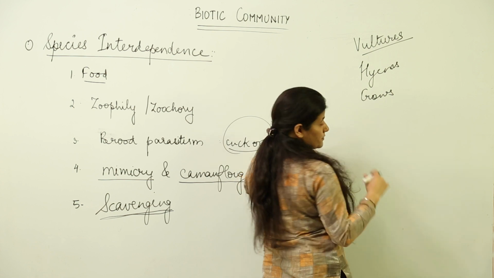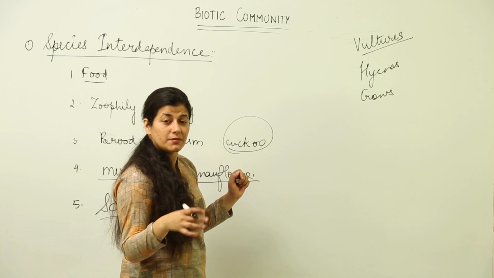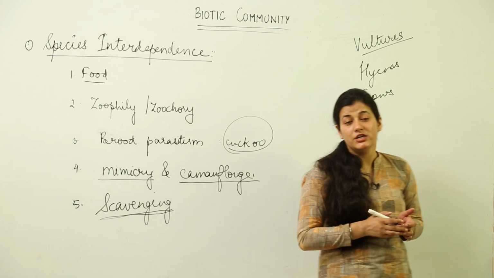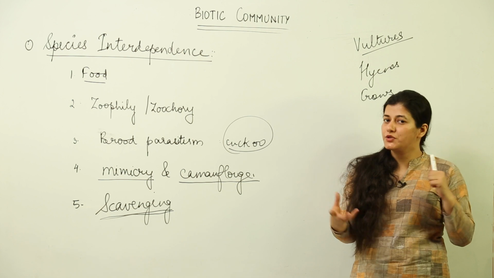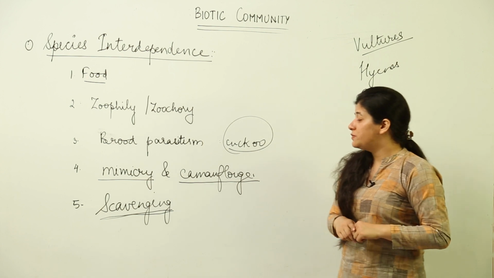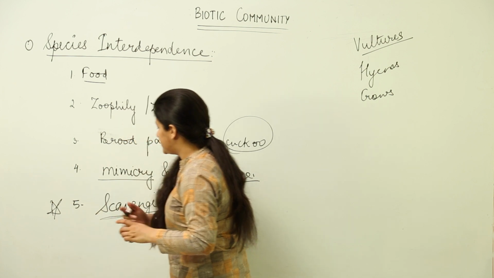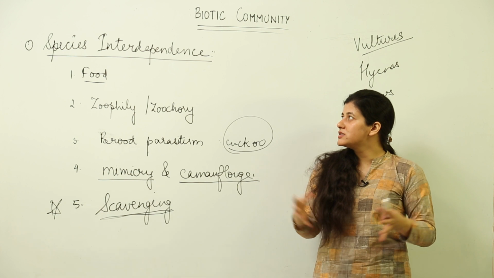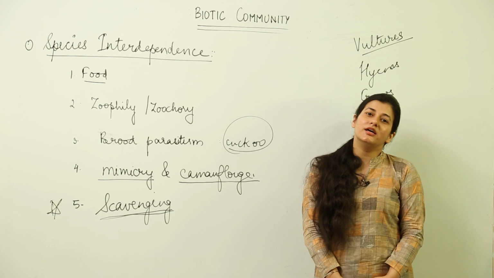Otherwise they are omnivorous, but because the interaction is such that they eat an organism which is killed by someone else, we call it scavenging. It is an important point in the process of decomposition, because the maximum amount of dead animal carcass would be eaten up in the case of scavenging. So this is also a type of species interdependence. This is important because it has an important role in determining the structure of the ecosystem. So this is all about the various species interdependences which we see in a biotic community.